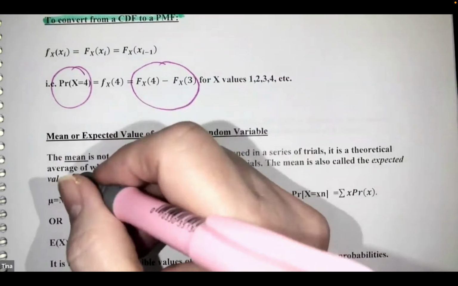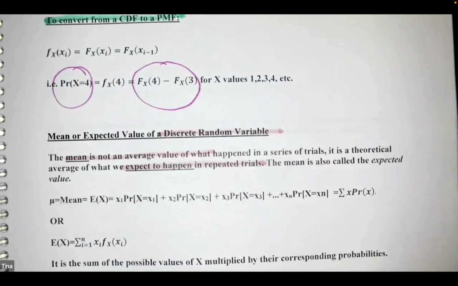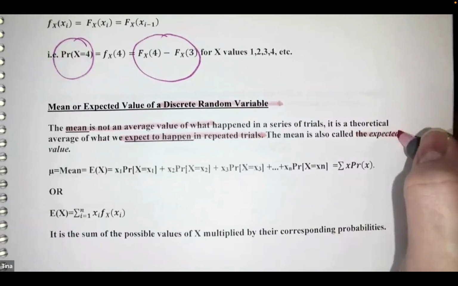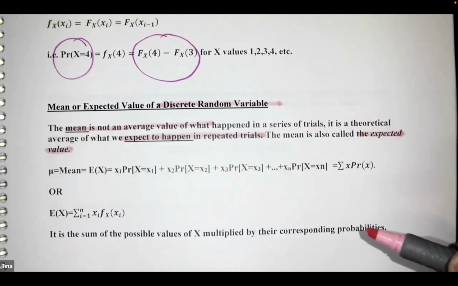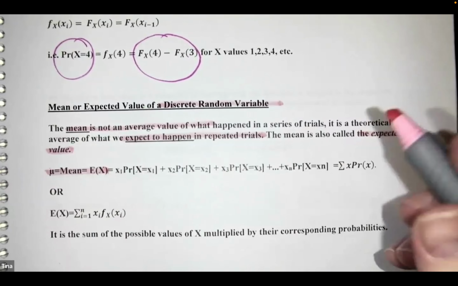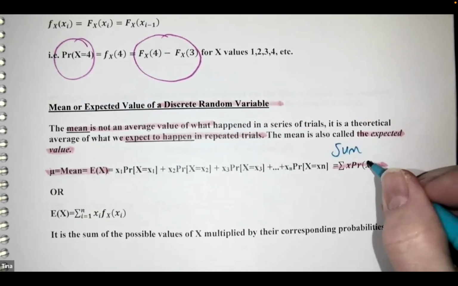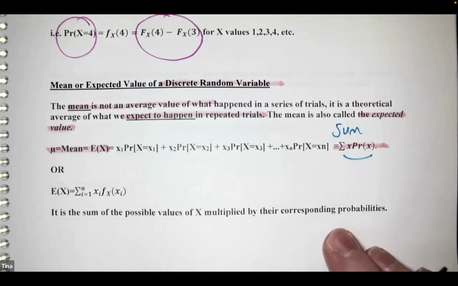A mean, in the case of a discrete random variable, is like the expected value, right? What do we expect in the long run? It's going to be either mu or E of x as the symbols, and it's going to be the sum of each of the x's times the probabilities.